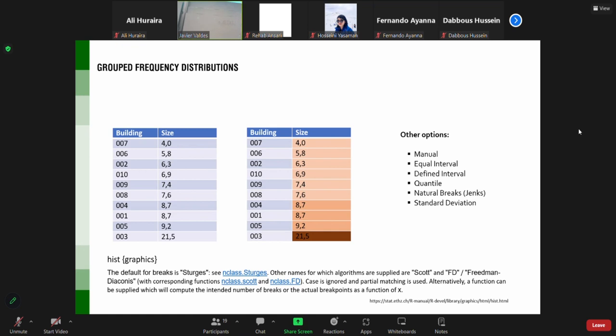Another possibility is to use the quantiles. So 25% of the data, 50% of the data, 75% of the data, and 100% of the data, which is similar to what we have seen before, the percentile rank. But in this case we are focusing on the quartiles.